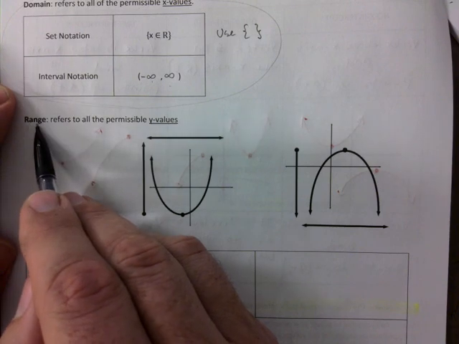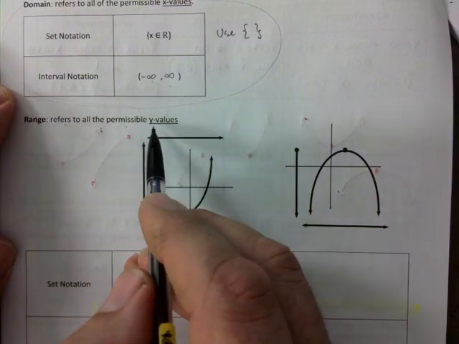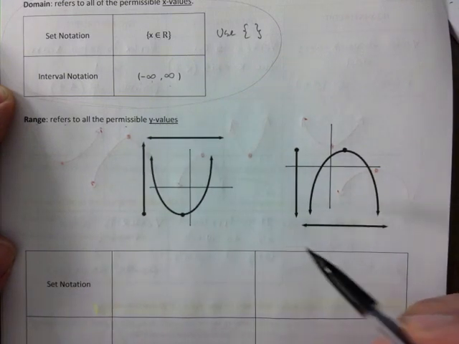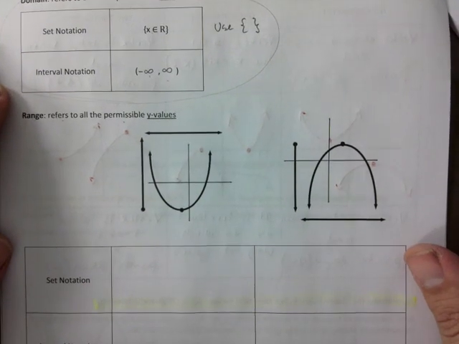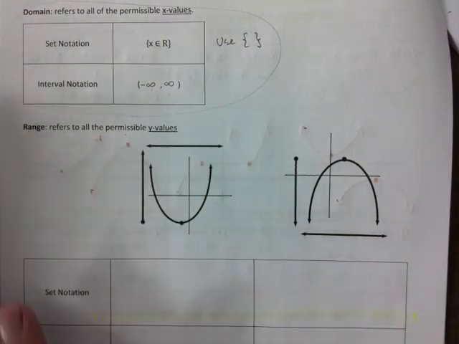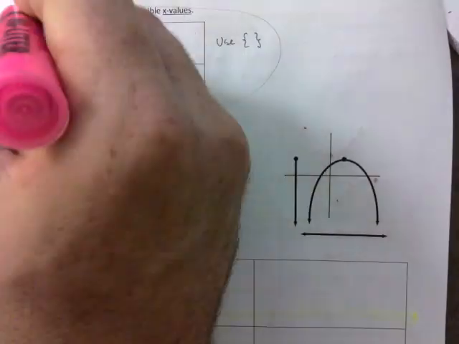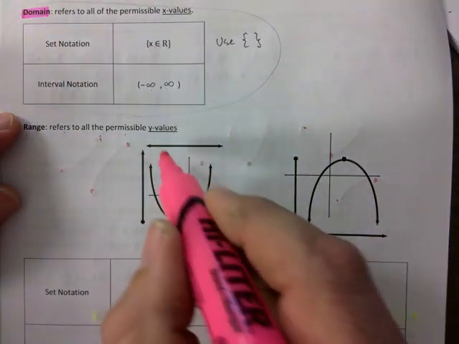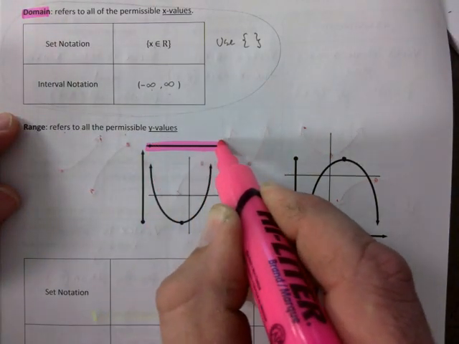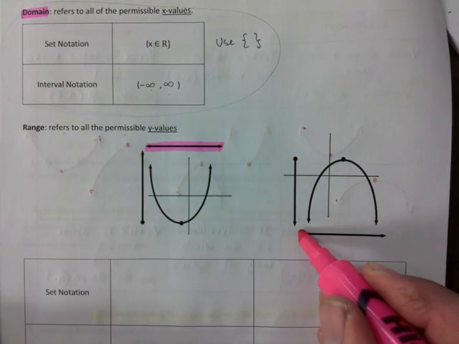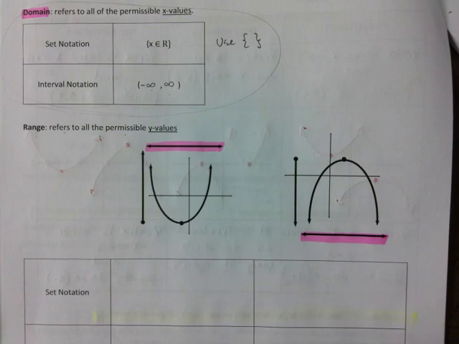The range refers to all permissible y values. Okay? So this is where it gets a little tricky. Okay, so I'm going to use highlighters again, green and pink. So I'm just going to tell you that the domain would be, let's look at all the x values that are part of this graph. So it doesn't matter if it points up or down, that is what the domain refers to, the x values.